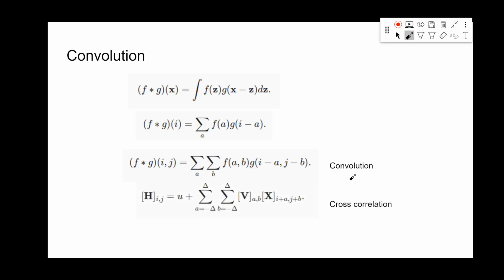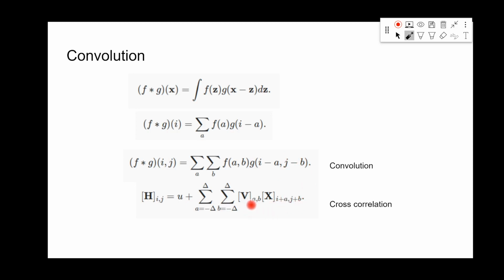And actually, in this function, if f is v and g is x, it will become this one. But here, you can see that there is no i minus a here, or j minus b here. So there is no minus here.